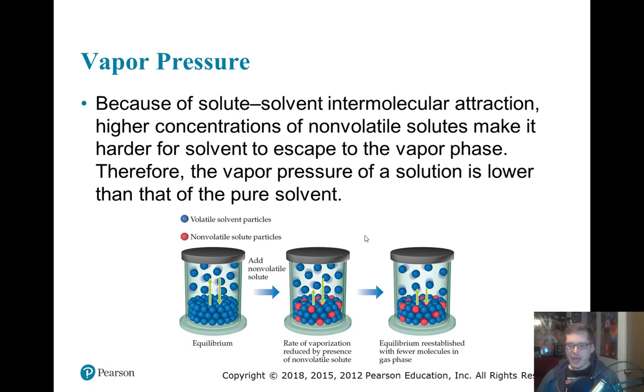So whenever we add a solute to our solution, the solvent's vapor pressure goes down. They show it here: you've got only solvent, you add some solute, and it's going to increase these intermolecular forces. It adds this solute-solvent interaction, and then you have the equilibrium being reestablished, and notice that we have a lower vapor pressure.